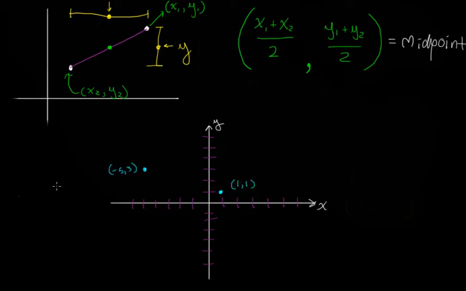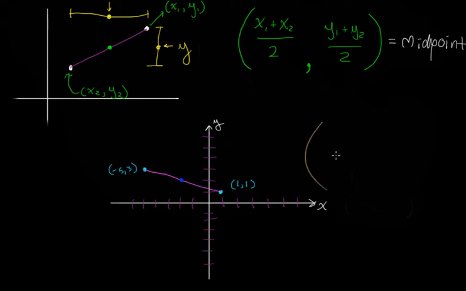Okay, so that's good. The distance between these is this, and we're looking for the midpoint right here. We don't know what that is, but we're going to find the average of the height, and the average of the width between these 2 points separately.